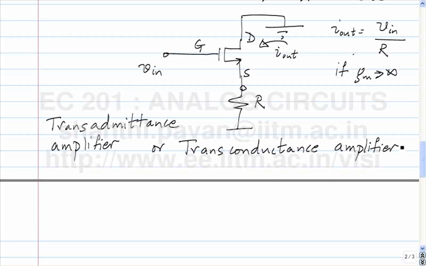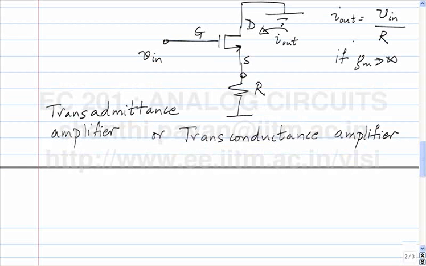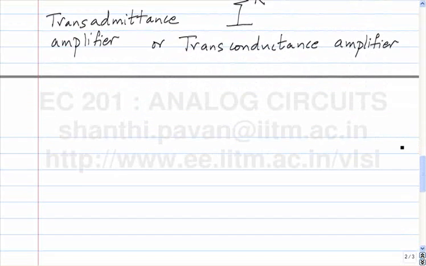What you did as far as biasing is concerned with the common drain, you can do the same thing with the transadmittance amplifier. Also, let me just quickly give an example. This is just one way of doing it.